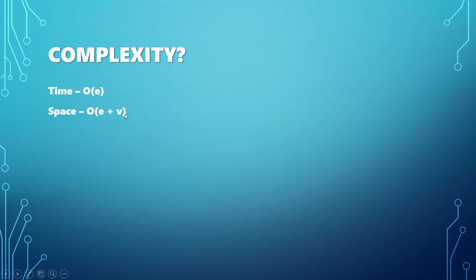And in the worst case, we'll have V method calls in our call stack. So we have to sum both complexities and we will get O of E plus V.